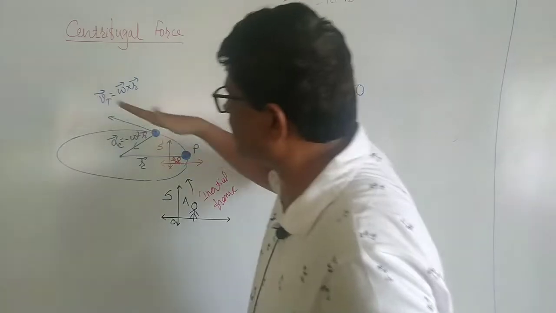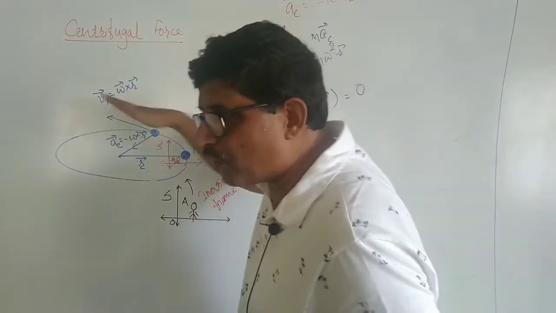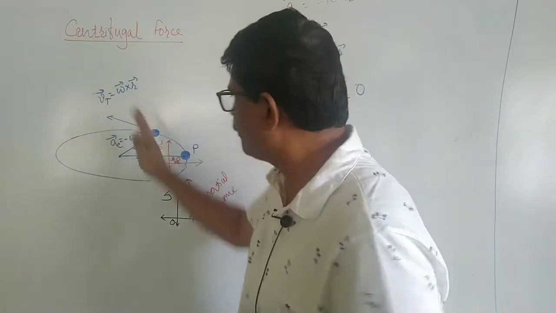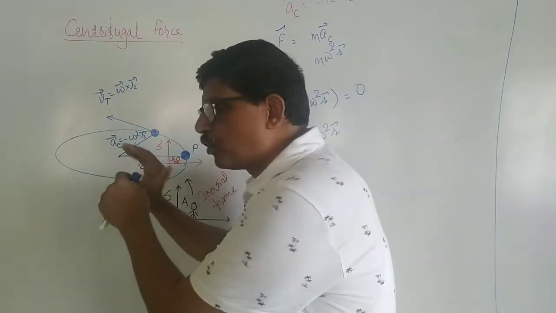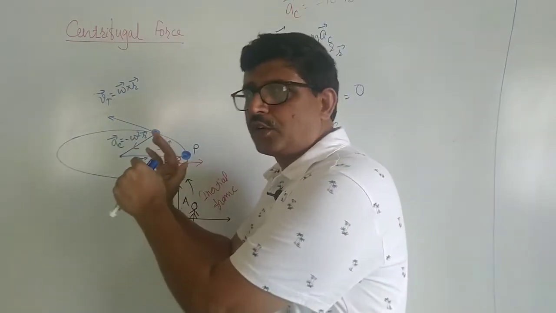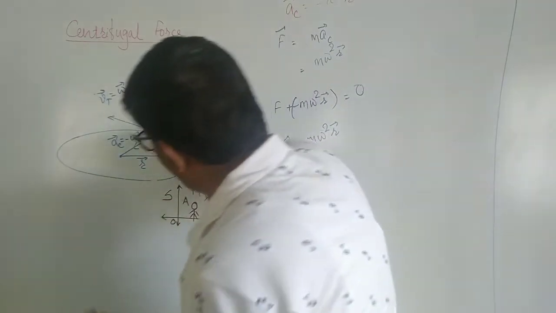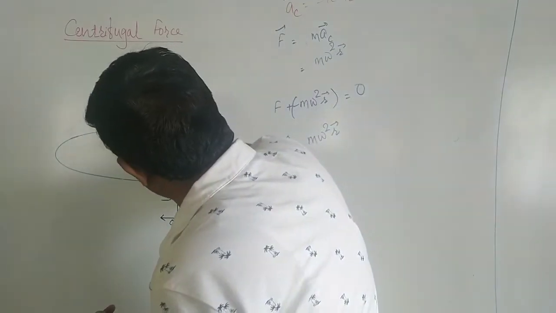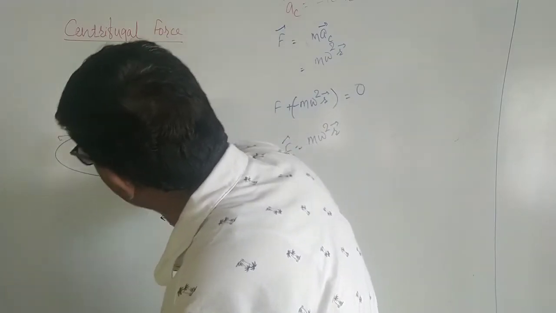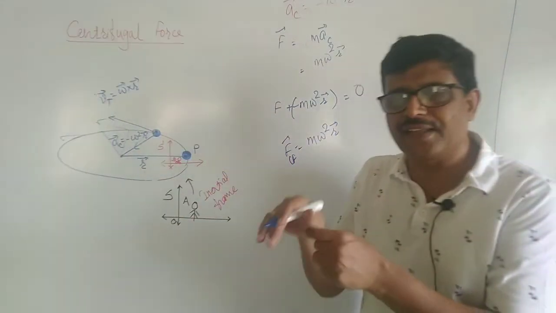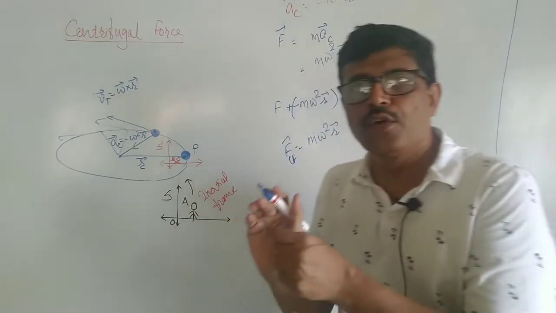It tries to move along a straight line, but the centripetal force is there to change its direction. The change in direction is possible because of this centripetal acceleration and centripetal force.